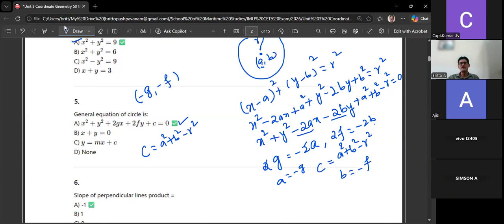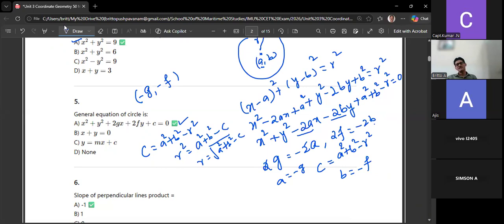Here r is the radius. Take r square to the left-hand side and c to the right-hand side, so r square equals a square plus b square minus c. So r is the square root of a square plus b square minus c.